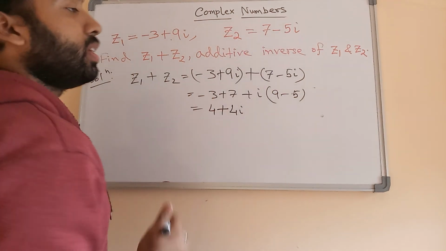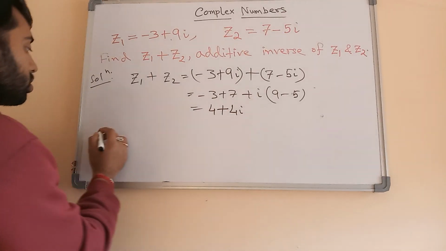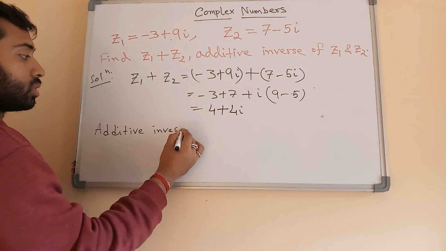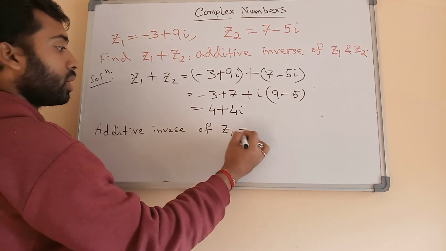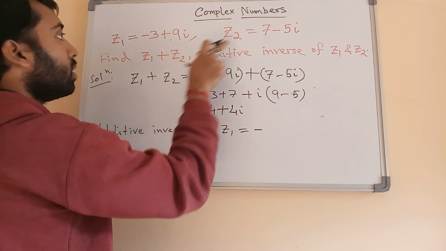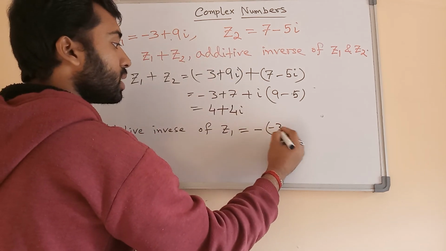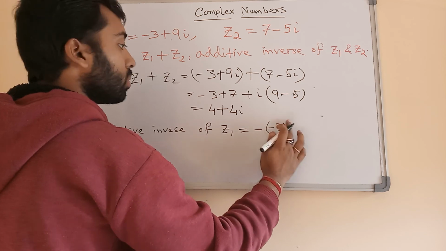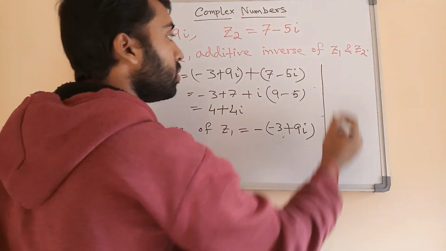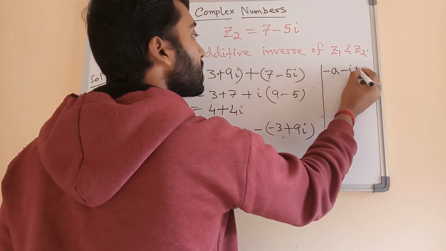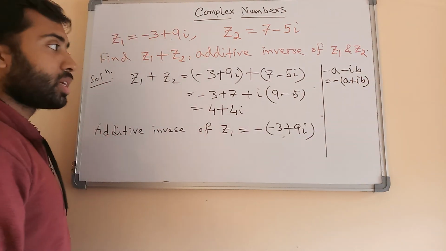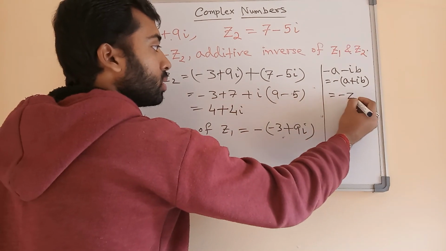Now we have to find the additive inverse of z1 and z2. So additive inverse of z1 equals minus of minus 3 plus 9i, because the additive inverse was minus a minus ib, so we can easily take minus common, so it becomes minus of a plus ib, that is minus of z.